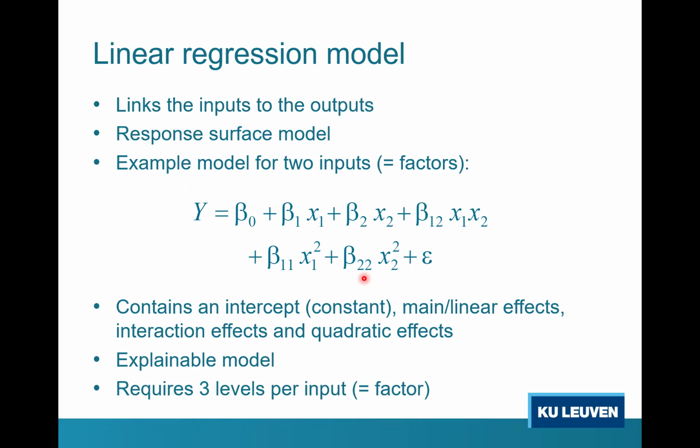Now, of course, you can imagine that if you have more inputs to study for your system, this model becomes more involved. There will be more main effects or linear effects. There will be more quadratic effects, and there will be more interaction effects to estimate. So the number of parameters goes up quite quickly with the number of inputs that you want to study.